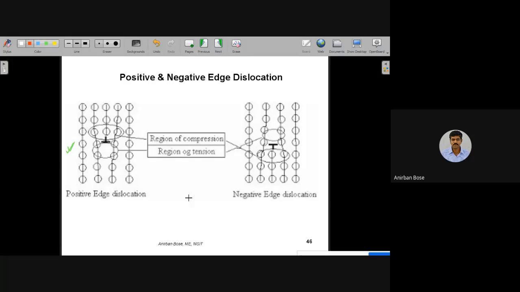This is the negative edge dislocation. And always remember that in the case of an edge dislocation, this is the region where compression is there and this is the region where tension is there. So principal strain energies are present, actually pure tension and pure compression, in the case of edge dislocation.